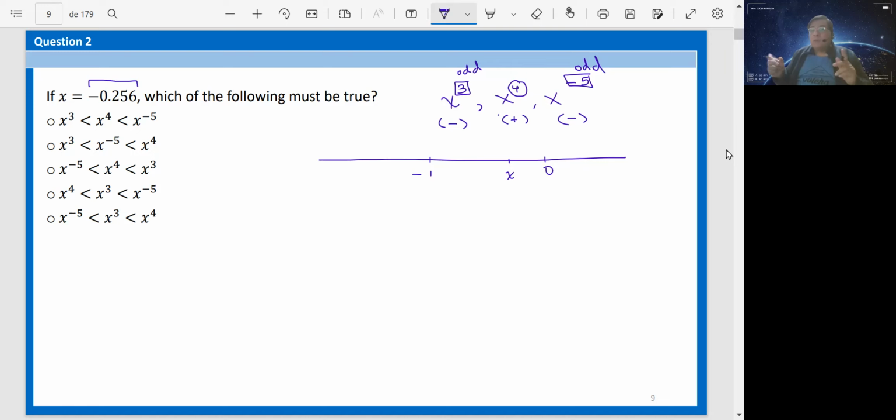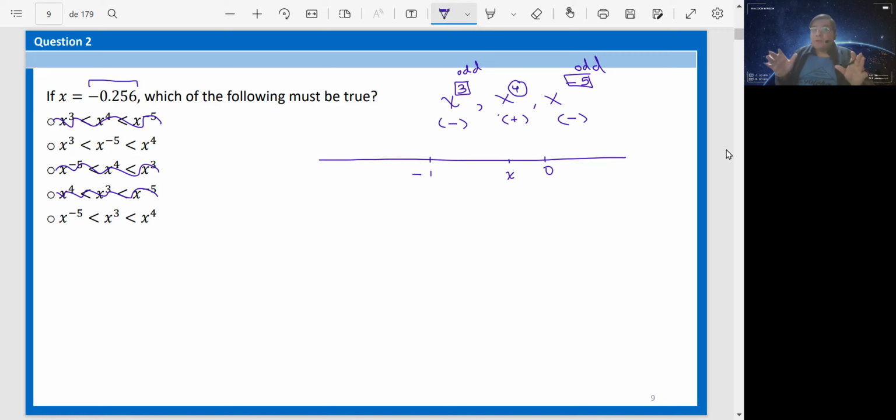So now we know, since positive numbers are always greater than negative numbers, that we need to discard the following answer choices. Why? Because in those 3 answer choices, x to the 4 doesn't have the place it deserves.